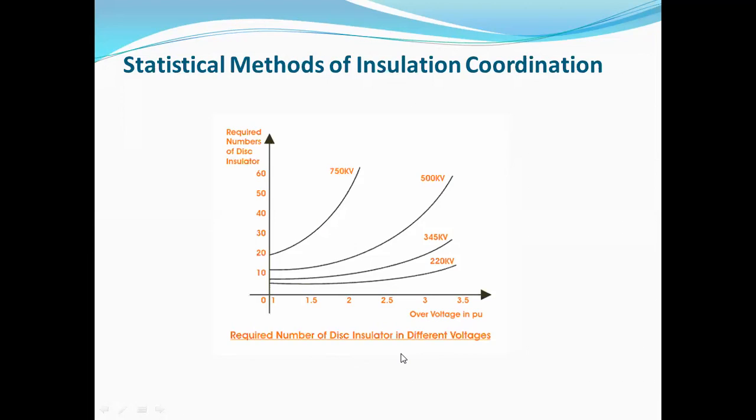So here, we know that when we are considering that insulator string, one disc is of 11 kV. So how many discs are there in one string? From that we can find the voltage of that transmission line, or voltage of any line, right?